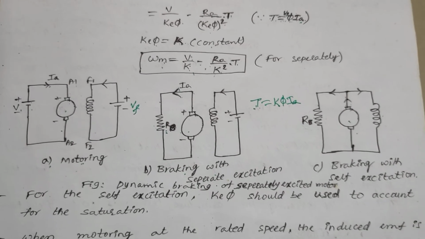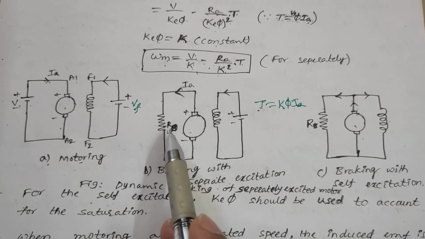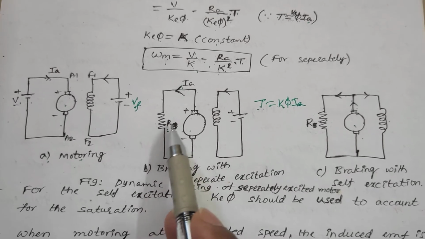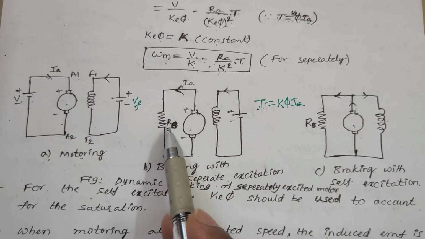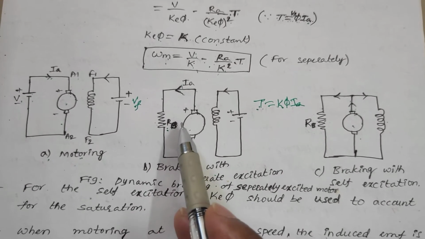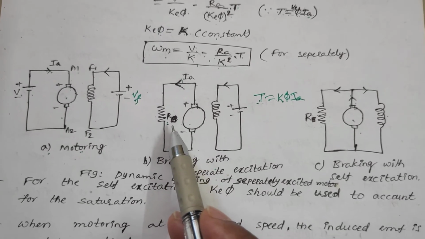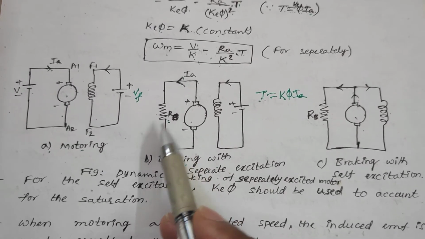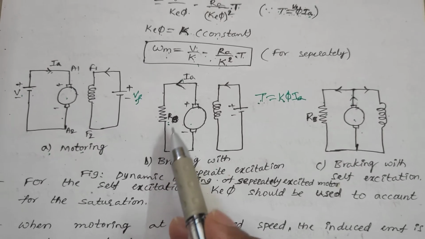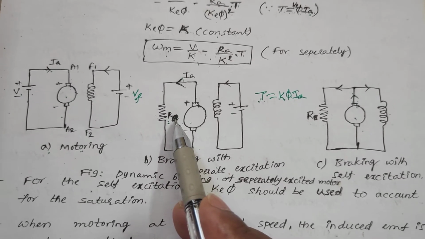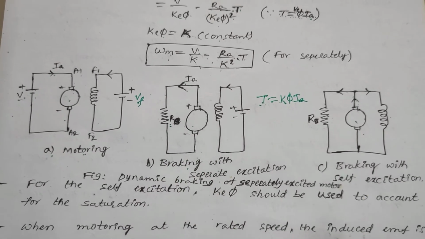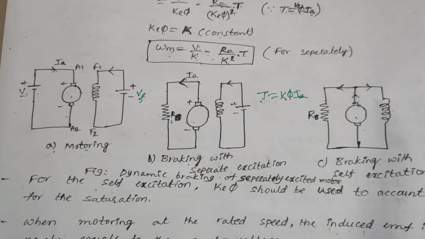Here in the dynamic braking, your braking resistance will play a role. If you are increasing the resistance, you will get different characteristics. How the characteristics will shift upward or downward based on this resistance value, that also we'll see in the characteristics.